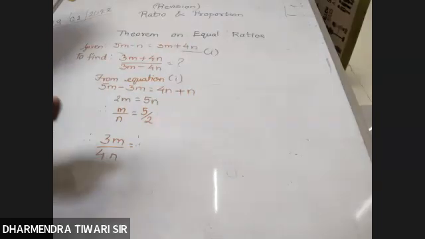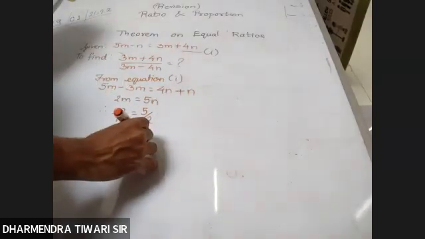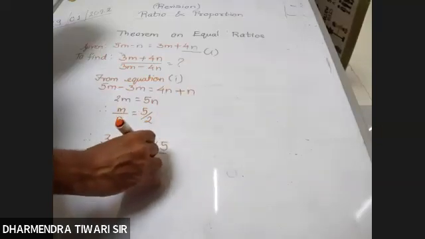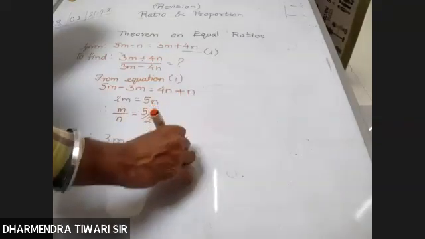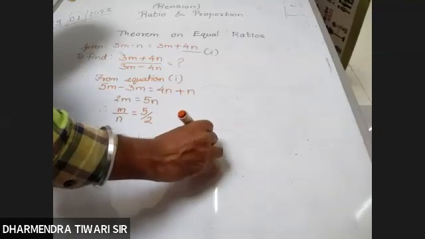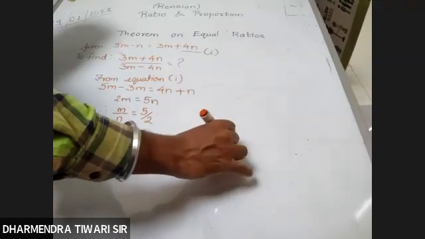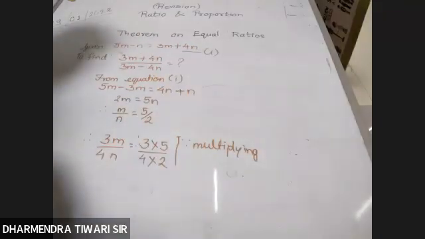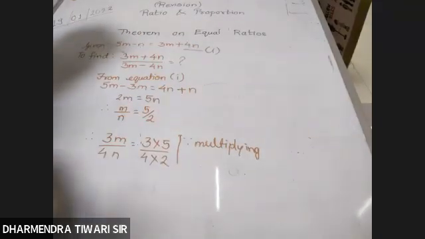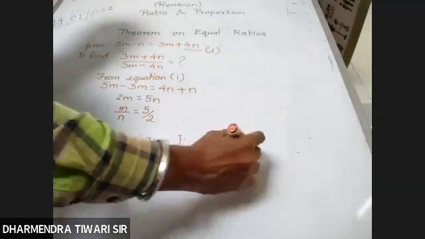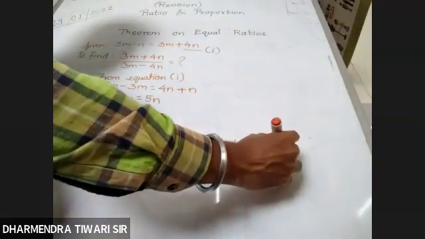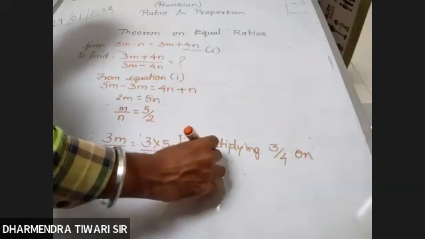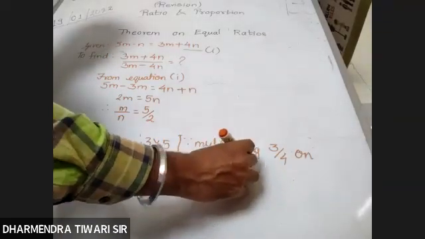If you don't understand like this, we will write the reason. 3 into 5 upon 4 into 2. Just write since multiplying 3 by 4 on both sides.